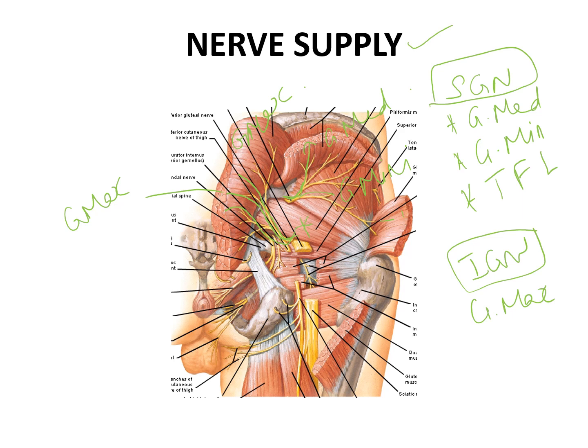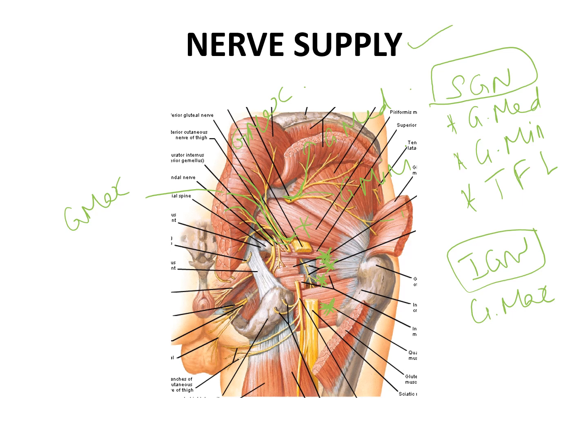Piriformis muscle is supplied by twigs from S1 and S2. Then we have the tricipital tendon, obturator internus, which is supplied by nerve to obturator internus, along with superior gemelli muscle, which is also supplied by nerve to obturator internus. Now, quadratus femoris is supplied by nerve to quadratus femoris along with inferior gemelli, which is also supplied by nerve to quadratus femoris.